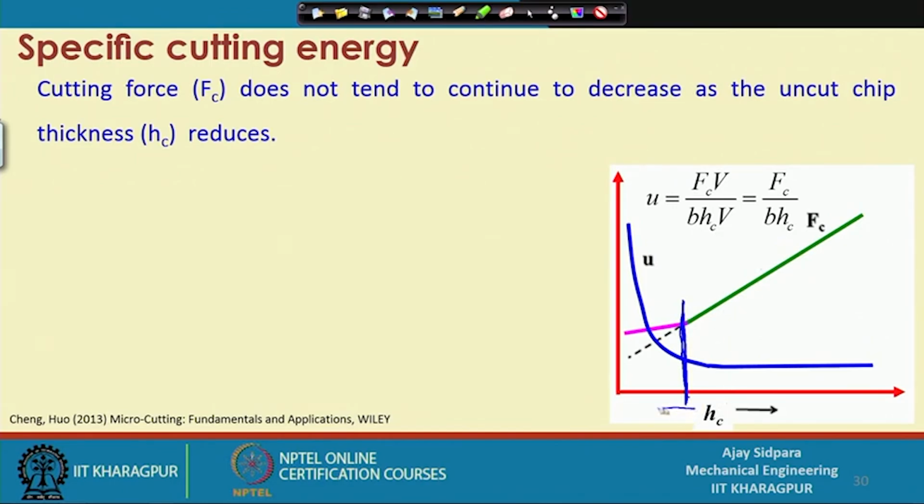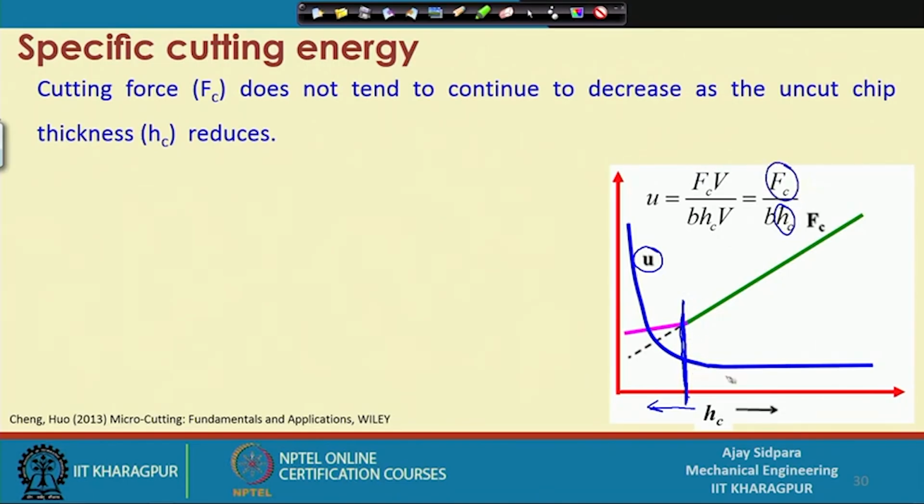If you reduce your Hc, your cutting force was continuously reducing, and this was the specific cutting energy. Now, if you see this equation, Hc is in the denominator and Fc is in the numerator.